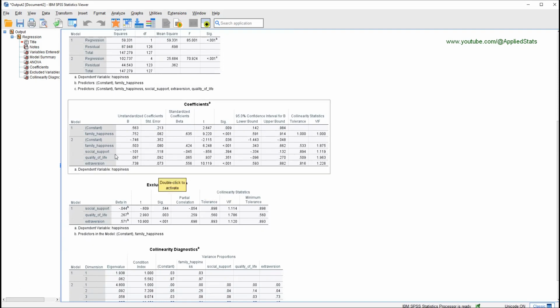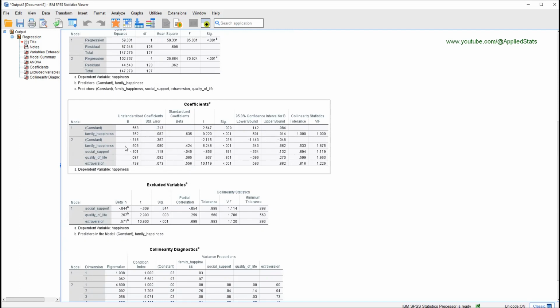But now we want to see, for each of the predictors in the second regression analysis, which one is a better predictor, which one is significant, which one is not significant. Unstandardized regression coefficients are reported here, and then you have standardized regression coefficients.